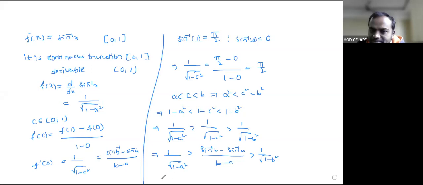So b minus a, we can multiply it on both sides. b minus a by square root of 1 minus a square is greater than sin inverse of b minus sin inverse of a is greater than b minus a by square root of 1 minus b square.